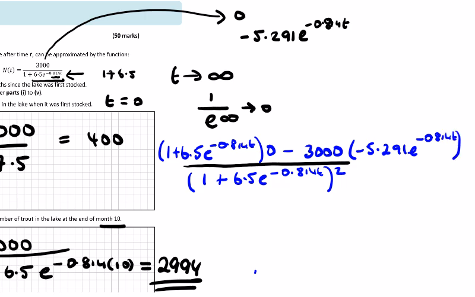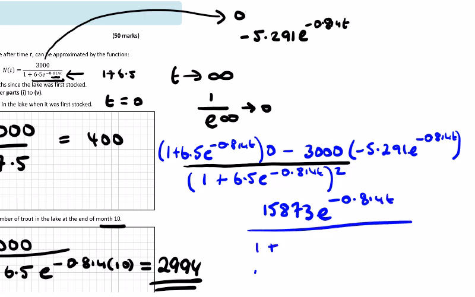And all we need to do is multiply 3000 by minus 5.291 to get 15873, so 15873 e to the power of minus 0.814t all over the bottom squared.